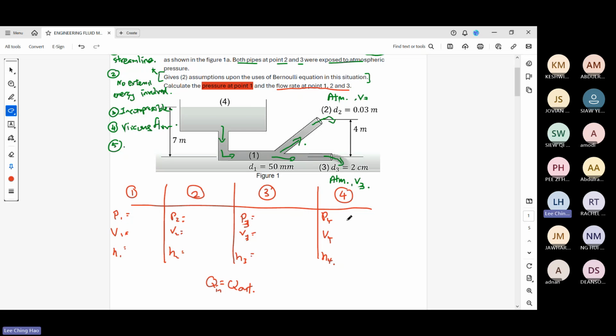First of all, based on the questions, they want to find pressure 1. So definitely this is empty. Then they ask for flow rates, whether volume flow rate or mass flow rate. So it will be AV, and mass flow rate will be rho AV, which means you need to know your velocity.